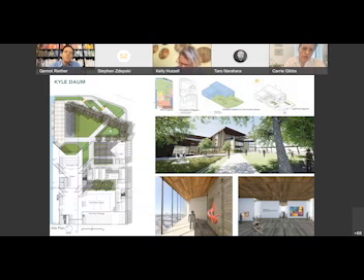He also did a really beautiful job of developing the approach and the very specific characteristics of the public space.